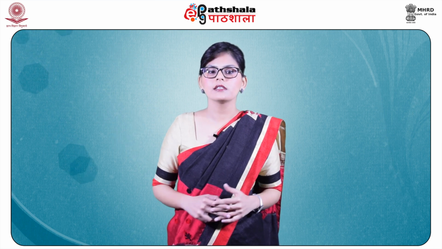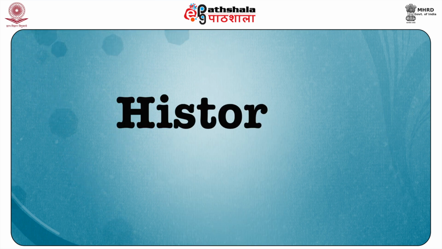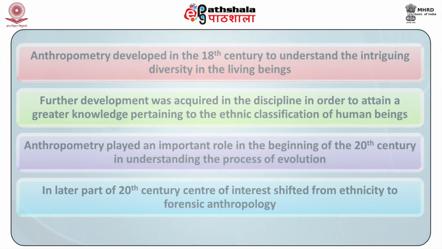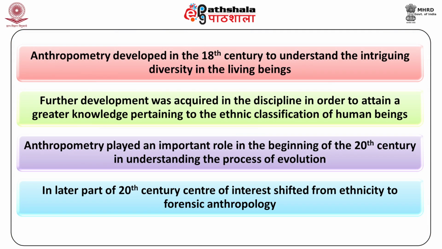So students, now let us see what the history of anthropometry was and how it developed. The initial interest in anthropometry developed in the 18th century in order to understand the intriguing diversity in living beings.